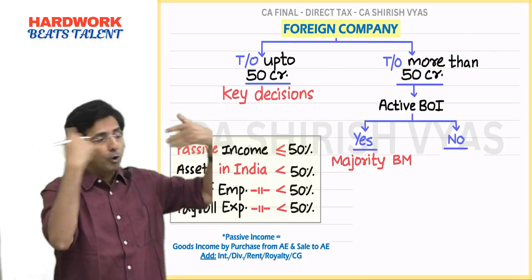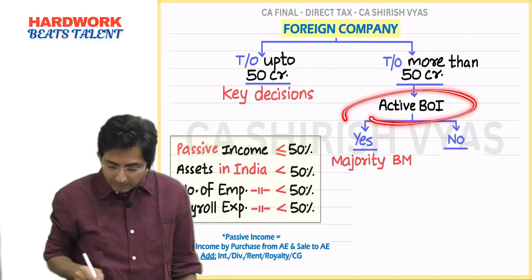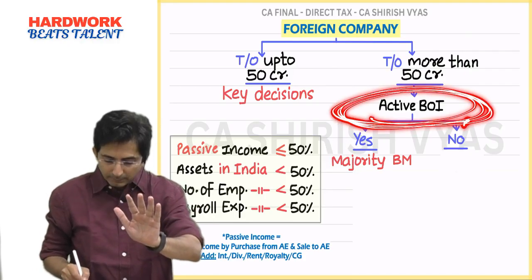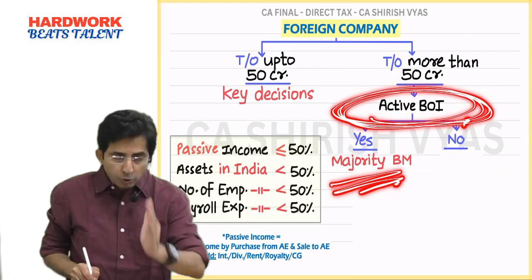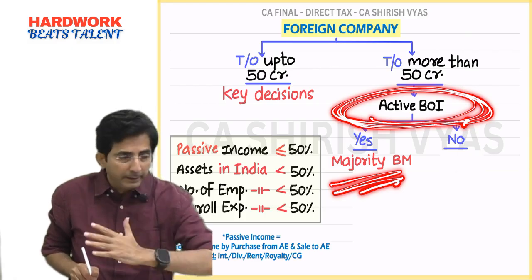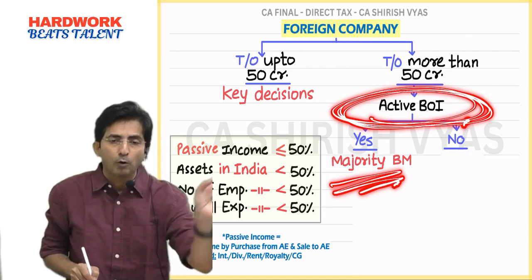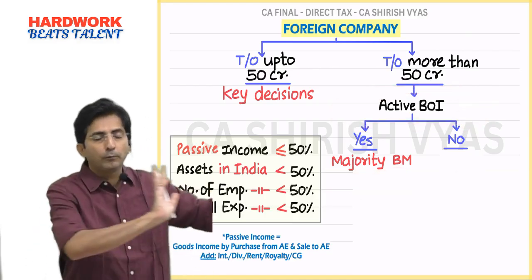Then only your POEM outside, you will be called NR. It means passing the active POEM test is not just sufficient. There is one more exam you have to pass. What is that? You have to show that out of all your board meetings, the majority of board meetings are happening in foreign land. Then only you are called people of foreign, NR.